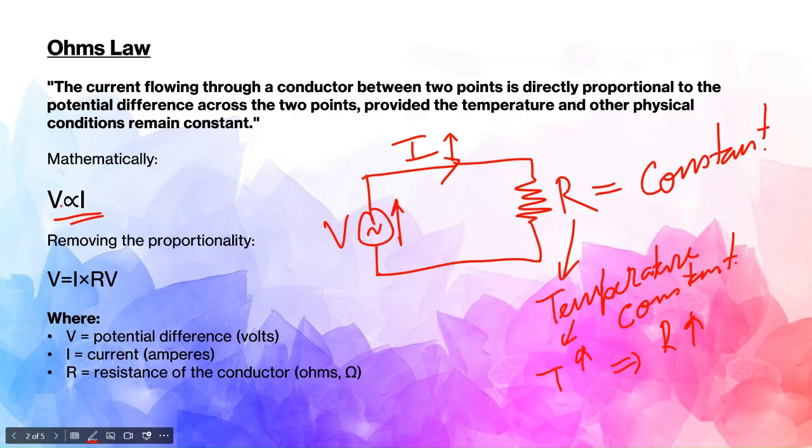This V is proportional to I, means voltage is proportional to current. If you increase the voltage, the current will increase. And this R, okay, this V will not be here, it is here by mistake. So this R is called the constant of proportionality.